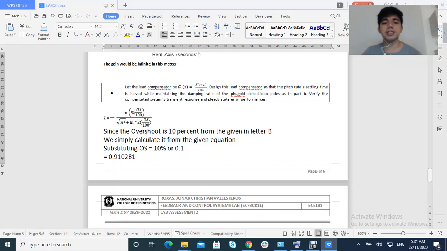I used this equation: negative ln(OS) over the square root of pi squared plus ln squared(OS), where OS is overshoot over 100. Since the overshoot is 10%, I plugged in the overshoot, giving me a calculation of 0.591.